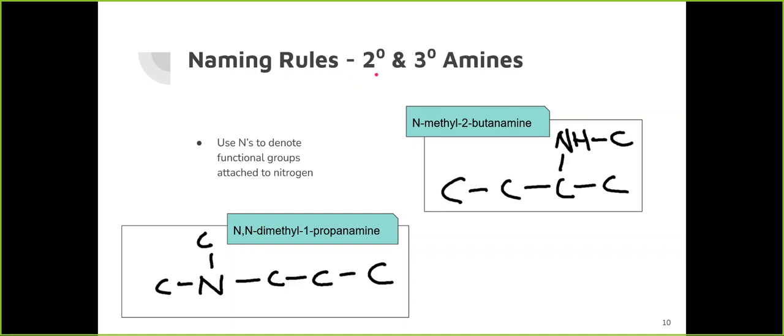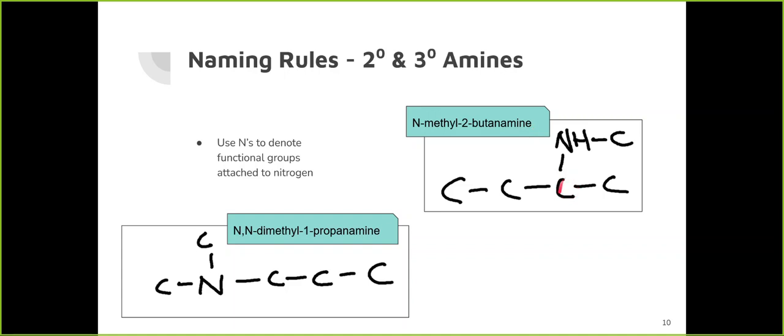For secondary and tertiary amines, you use N's to denote the functional groups that are attached to the nitrogen. So here's a case where, let's do this one first. So here we've got 1, 2, 3, 4. So that's butanamine again.